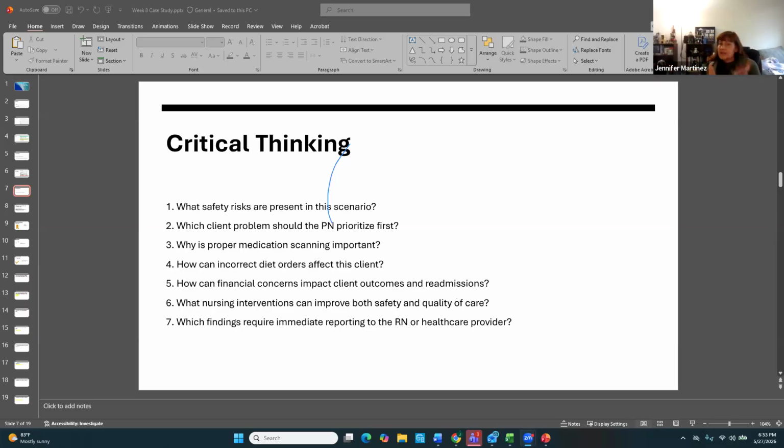So, what are some things that we can do as nurses that can help to improve safety and quality of care for our patient? Like connecting him with a caseworker, a social worker, so he can get maybe affordable medication, and isn't having rebound hypertension and having to keep coming back and forth.